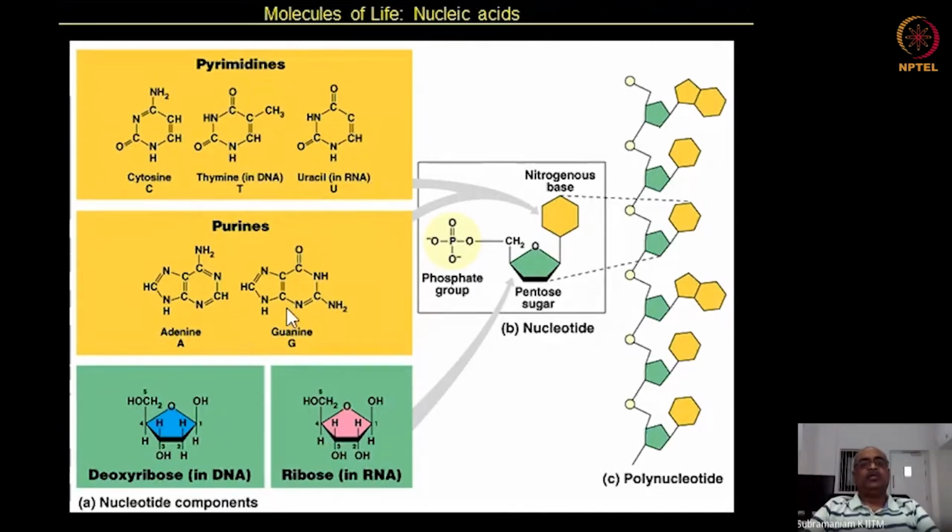If a guanine and cytosine come adjacent to each other, there are three hydrogen bond possibilities. In this introductory class, I'm not getting into which three atoms contribute to the hydrogen bonding. Similarly, if an adenine comes adjacent in the other strand to a thymine, then two hydrogen bonds are possible.